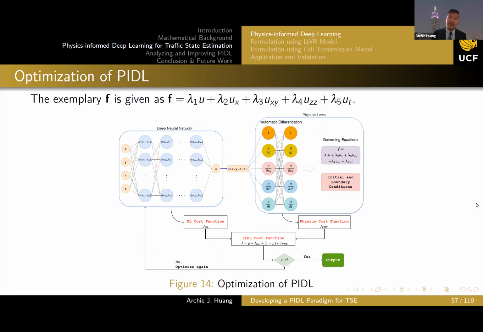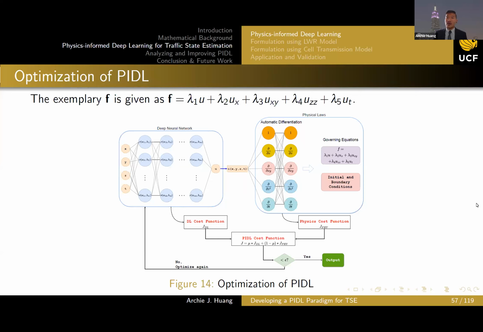So this slide gives an overview of the optimization of PIDL. As we see, this figure has mainly 2 major components. On the left, we see a fully connected regular deep learning neural network, which takes in the input of variables such as x, y, z, and t, and gives the estimation output of u.